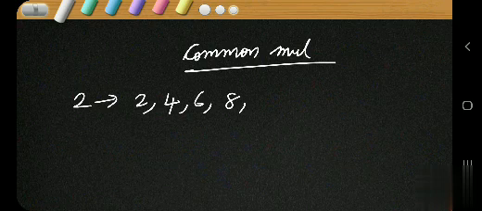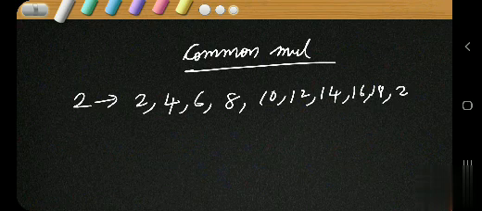Common multiples. So let's discuss which are the multiples of 2. We know 2, 4, 6, 8, 10, 12, 14, 16, 18, then 20, etc. are multiples of 2. Which are the multiples of 3?